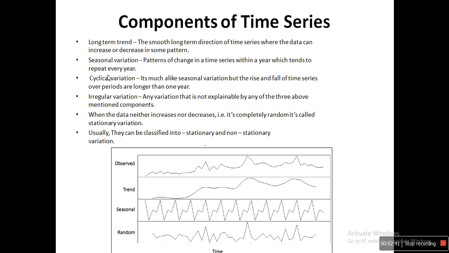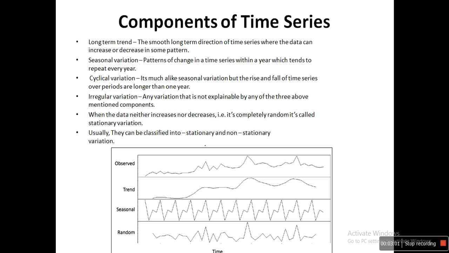And next, the cyclic variation. The cyclic variation is similar to seasonal variation, but the rise and fall over periods are longer than a year. The next one is the irregular variation.